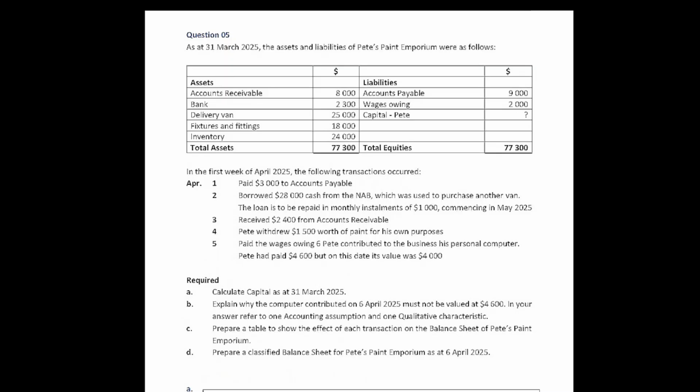Part A is fine? 66,300 is the capital, yes?